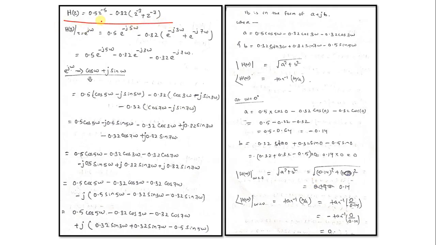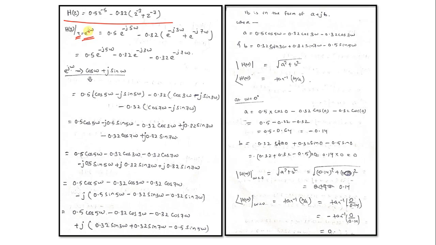Now in this transfer function, for the frequency response or the amplitude response, we are interested in the frequency axis. And where is the frequency axis? Frequency axis is e to the power j omega. So replace z with e to the power j omega.